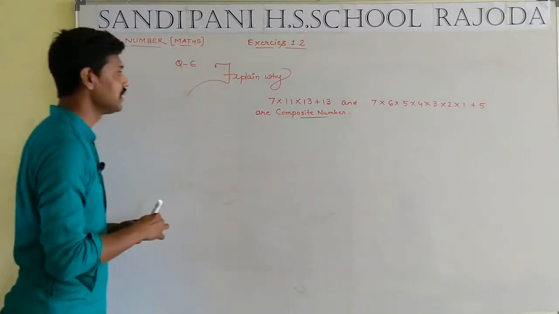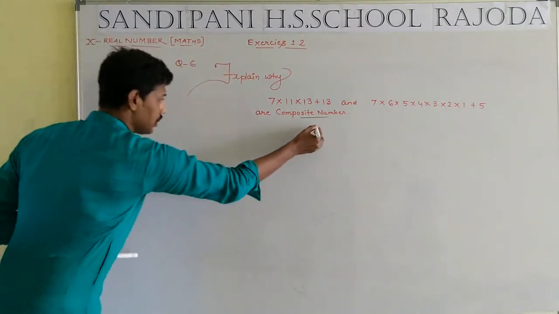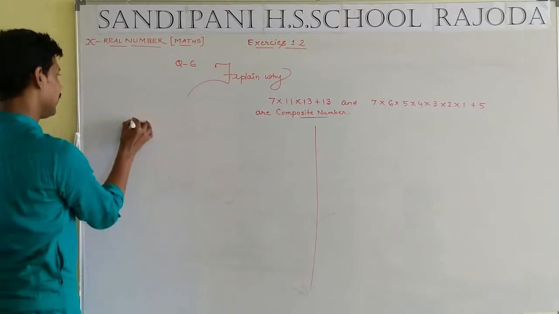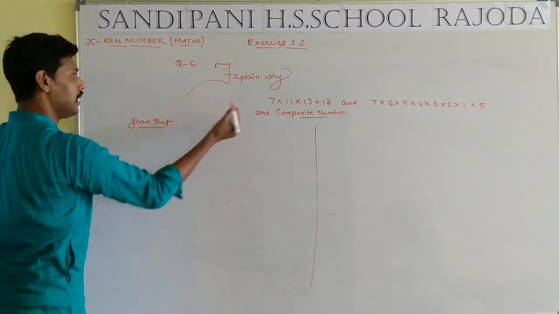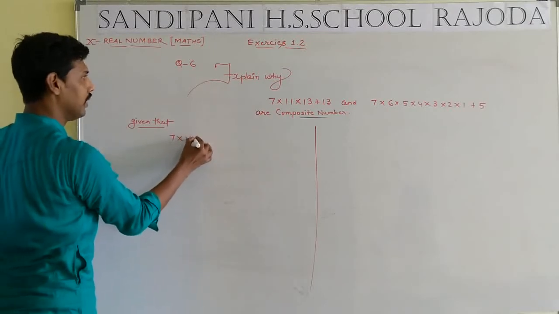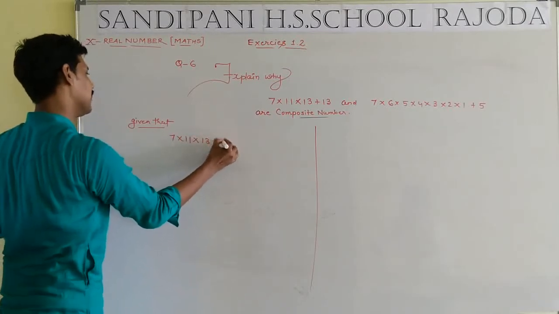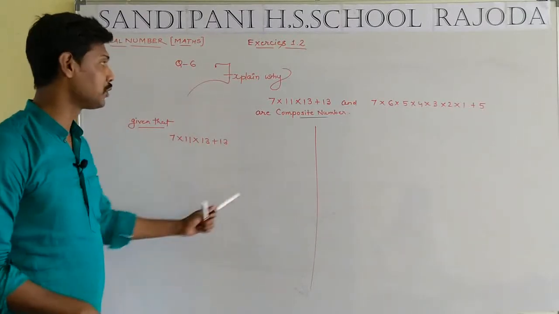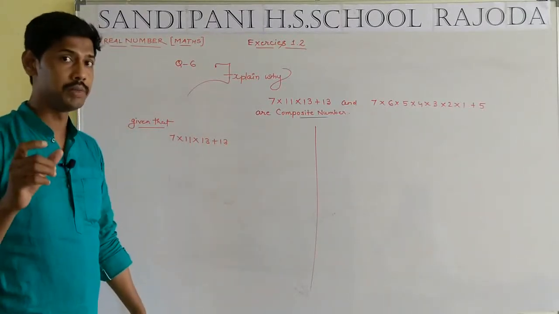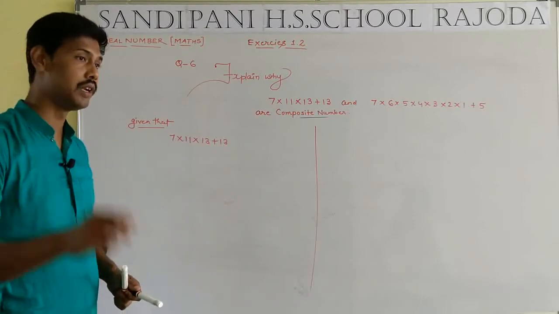Okay, now students, in the question we have 2 parts. Firstly, given 7 into 11 into 13 plus 13, we have to prove it is a composite number, that is, it consists of more than 2 factors.